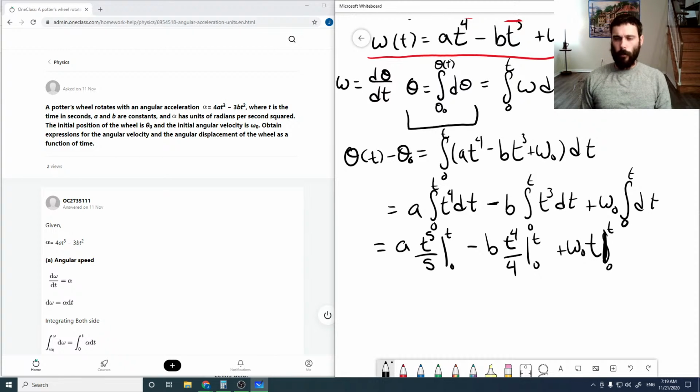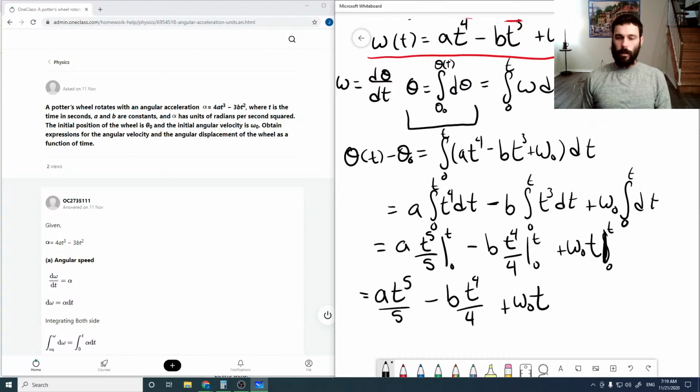Now, just as before, t will be t at the top end and 0 at the lower end, so the whole expression will be 0, and it's the same for all three. So then this is just a t to the fifth over 5 minus b t to the fourth over 4 plus omega naught t.